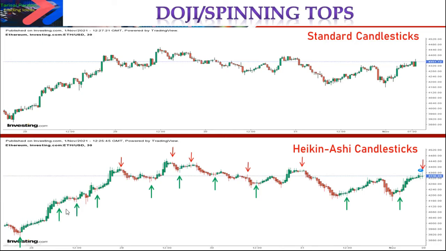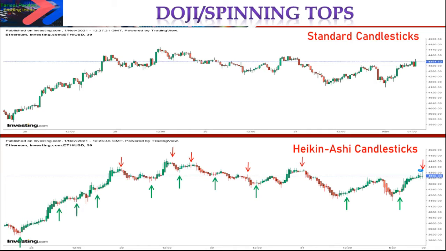But when you apply the Heikin Ashi candlesticks, it is now very clear that we have a bullish trend, because you see that we have some green candles, and these green candles have upper shadows and no lower shadows. So this trend is strong to the bullish side.